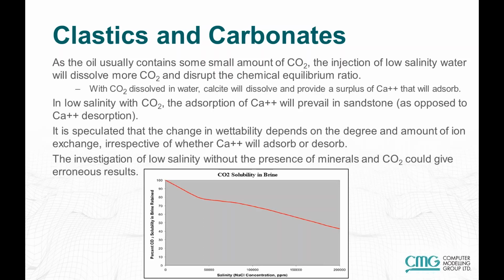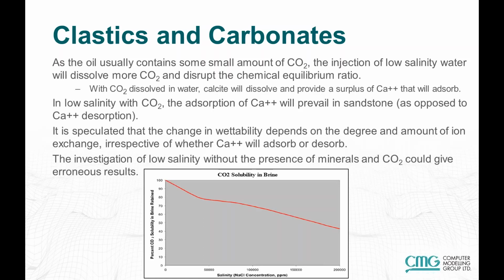So in low salinity with CO2, the absorption of calcium will prevail in sandstone as opposed to calcium desorption. However, it's speculated that the change in wettability depends on the degree and amount of ion exchange, irrespective of whether calcium will absorb or desorb.